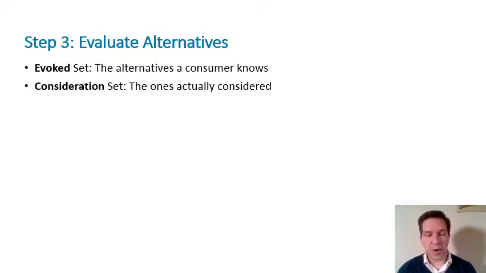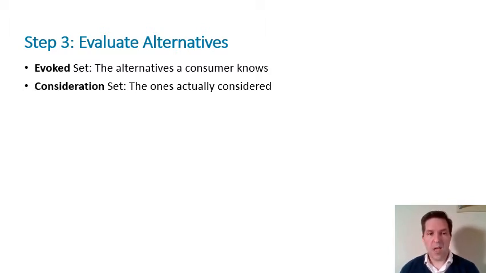This is why a lot of brands in the marketplace measure brand awareness, which is whether you've heard of the brand or not, because if you haven't heard of the brand, you are not going to consider it for the most part. So the evoked set is the first step that we need to cross if we are a marketer, into basically getting the consumer to choose our brands or our products.